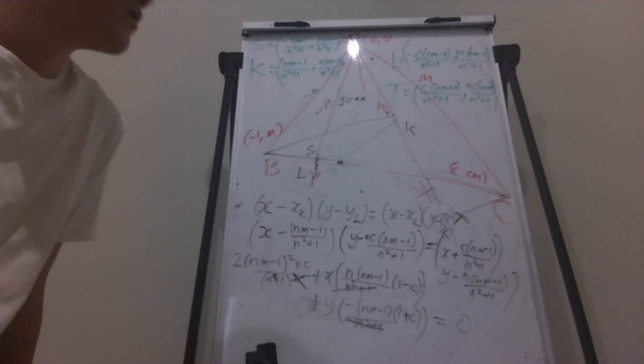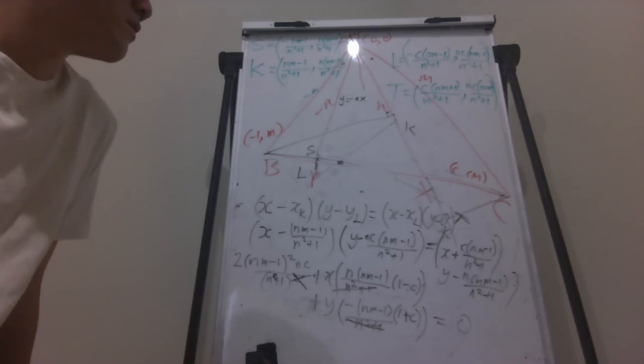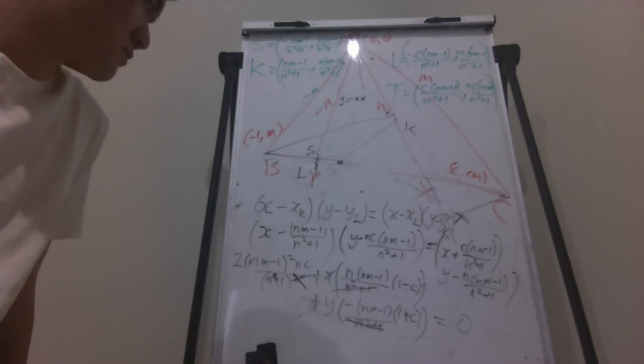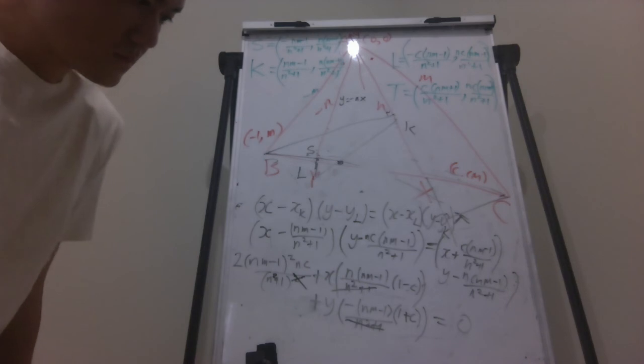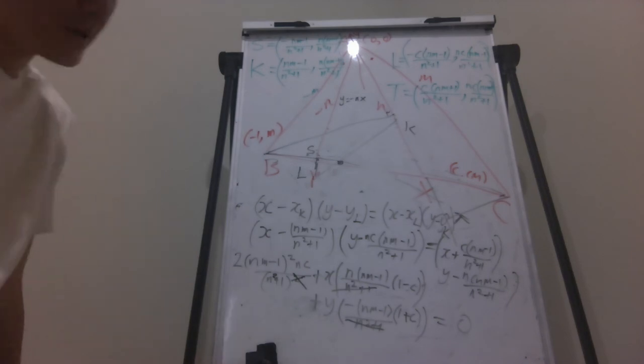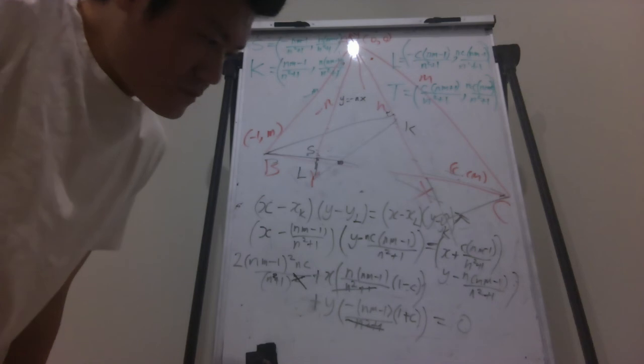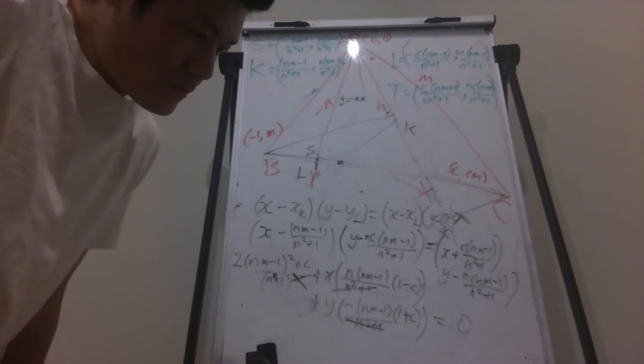Is it possible? Yeah, it is in fact very, very possible. Really? Yeah, if you have m be greater than 0, and n be less than -1, then it's actually quite possible.